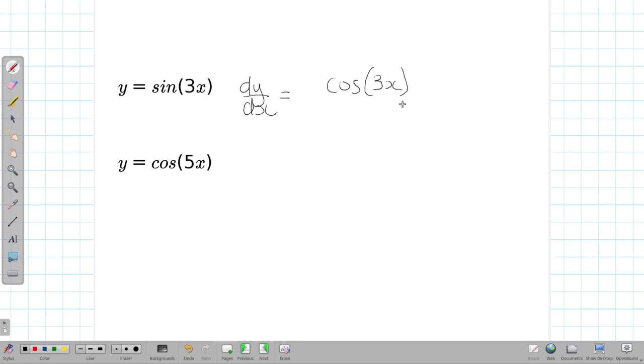Whatever is inside the bracket stays the same. Now the difference this time is this 3 is now copied out. We'll call it copied to the front. So 3 cos 3x. If there was any number out front, like a 2, then you would just multiply it in, so you'd have 3 times 2, which would be 6.